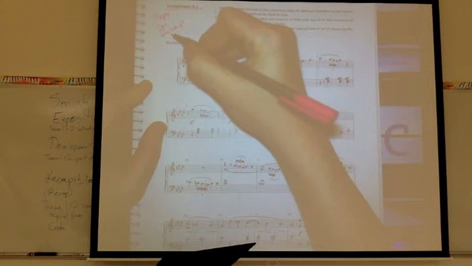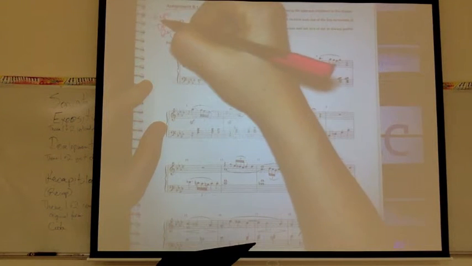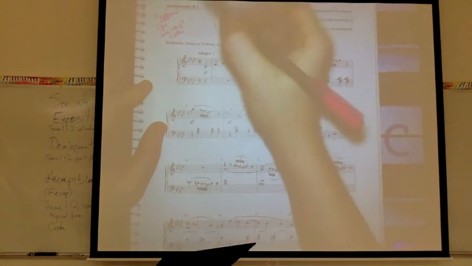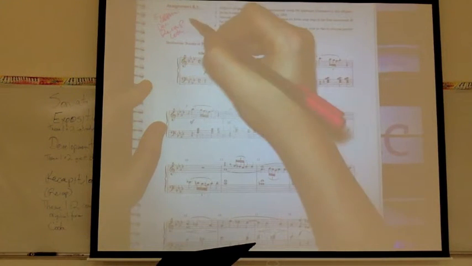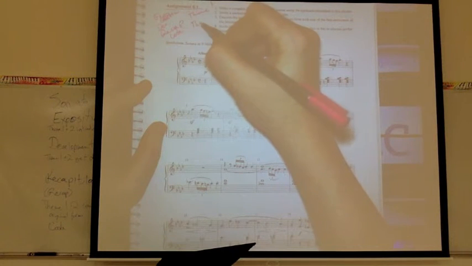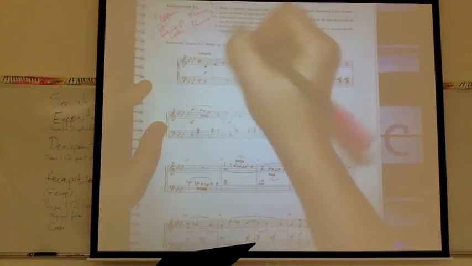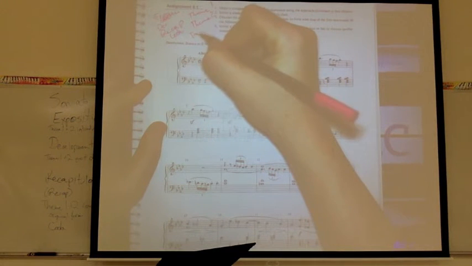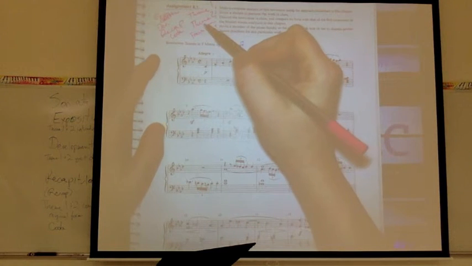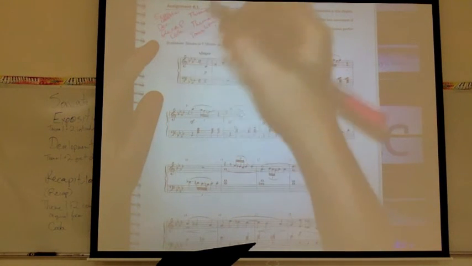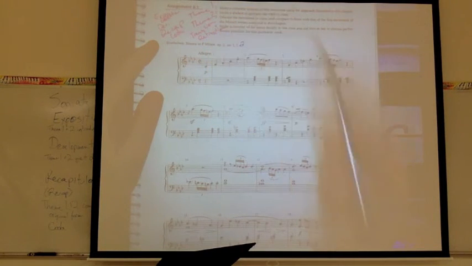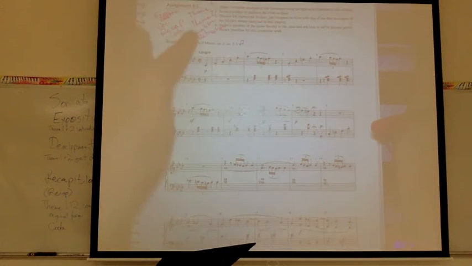You need to find the coda. You need to identify a codetta if it exists. If it doesn't, that's okay. And then I want you to find theme 1, theme 2, and all transition material. So all the stuff that we talked about, the transition, and also the retransition. I just want you to identify it.